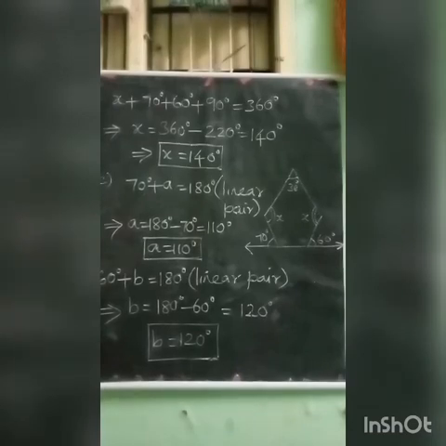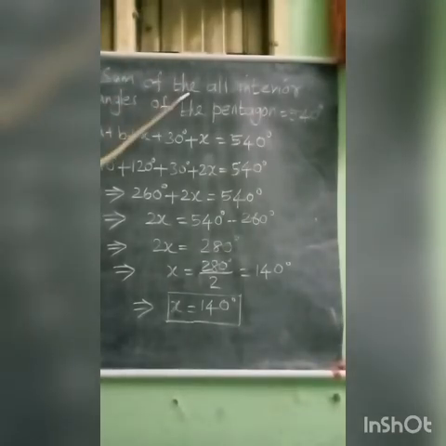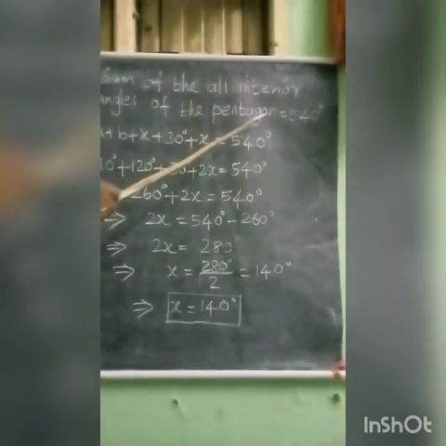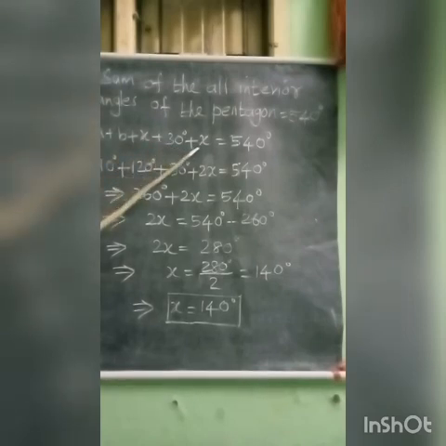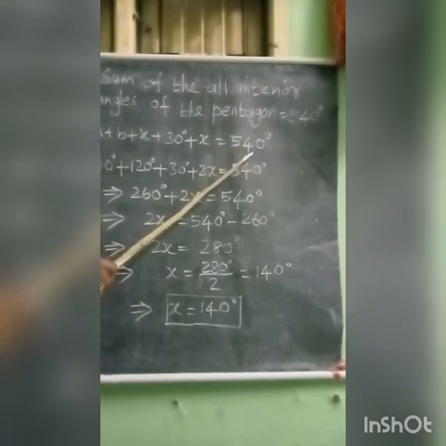Then, using the angle sum property, we find the measure of angle X. What is the angle sum property for pentagon? Sum of all interior angles of the pentagon is 540 degree. Using that to find the value of X, A plus B plus X plus 30 degree plus X equal to 540 degree.